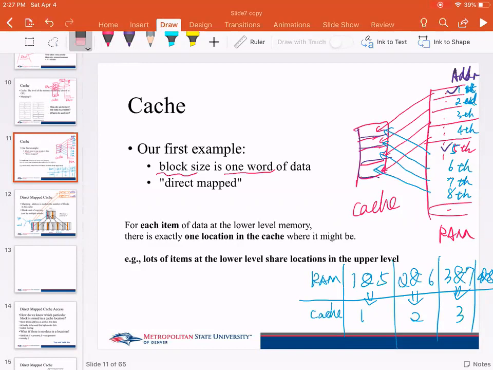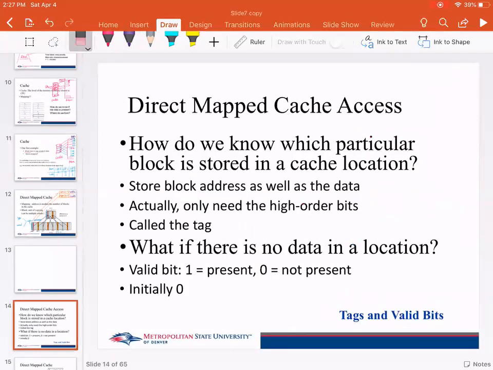However, do you know if the data is there or not? We know how to determine a particular memory location could be mapped to a particular cache location, but we should also know, is the data inside of the cache or not? That's a big question we need to answer.